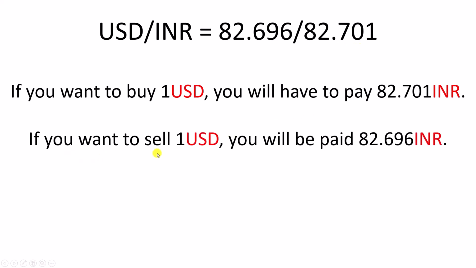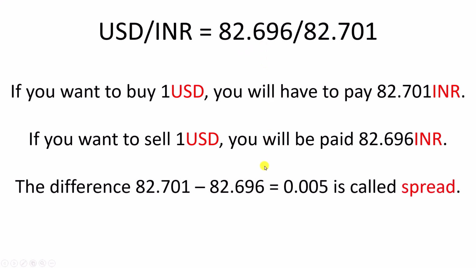Whereas if you want to sell 1 USD, you will be paid 82.696 rupees. And the difference between this and this, which is 0.005 in this case, is called a spread. The difference between ask price and bid price is called a spread.